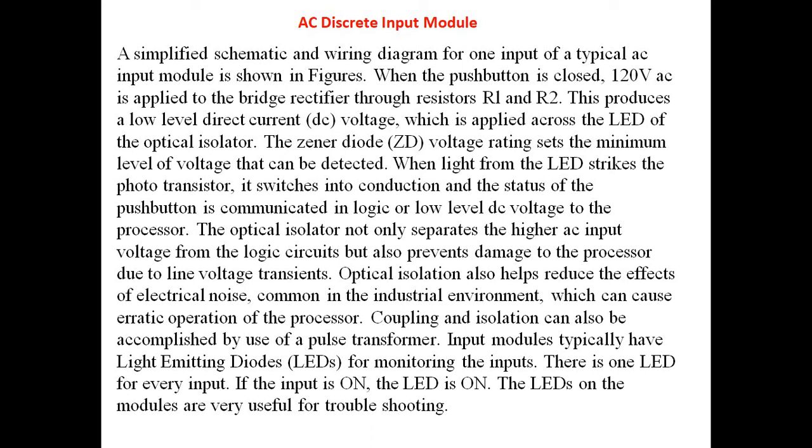Optical isolation also helps reduce the effect of electronic noise common in industrial environments, which can cause erratic operation of the processor. Coupling and isolation can also be accomplished by use of a pulse transformer. Here the pulse transformer has a 1:1 ratio, that means the voltage winding ratio is equal.